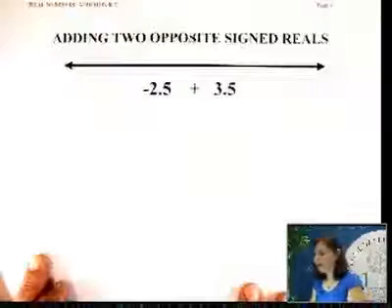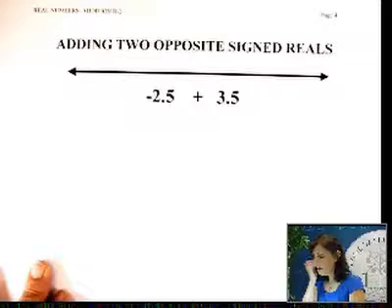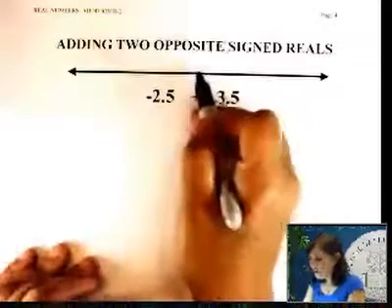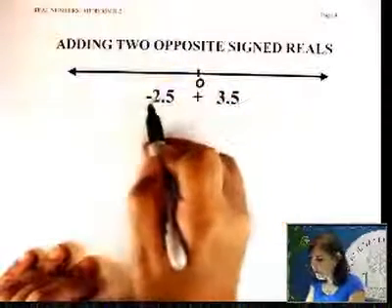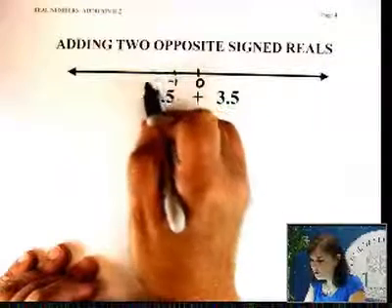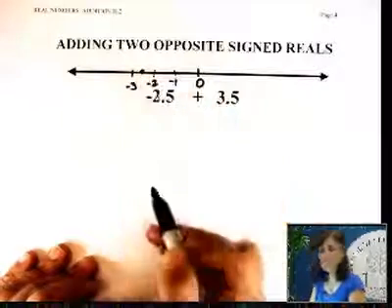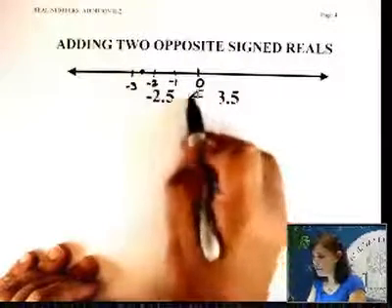We already did the fractions. That's the previous video. Let's do another one. This one is going to be negative 2.5. This is 1. This is 2. This is 3. Negative 2.5 is to the left. And then this one is positive 3.5.